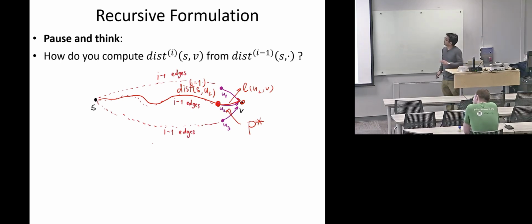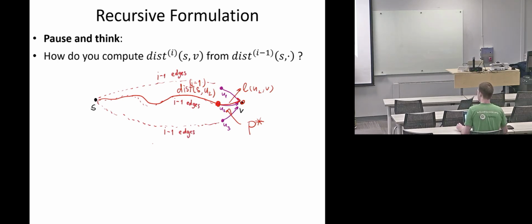So this is the format of the I-hop distance. It uses some shortest path that uses exactly I-1 hops plus the length of this last edge.